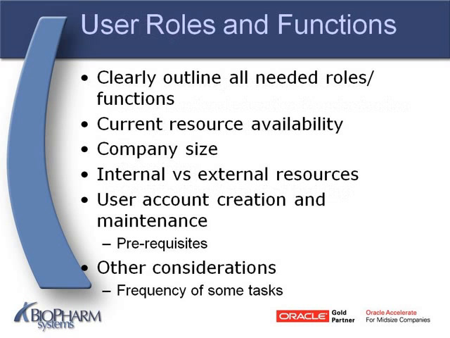So you really need to clearly outline all of those needed roles and functions. So have this list. There's a global librarian, there's a study developer, there's a procedure developer, there's a study designer, there's somebody who sets up and maintains the lab reference ranges subsystem, there's somebody who does batch data loads, there's somebody who does discrepancy management. The list, like I said, you could come up with dozens.